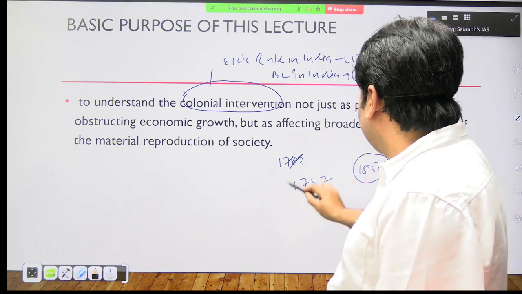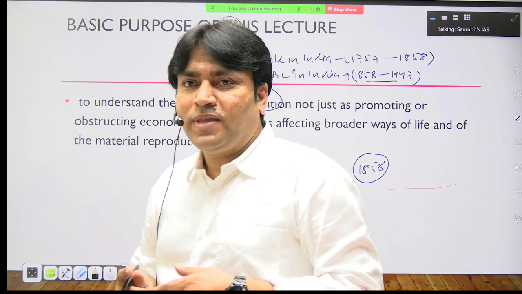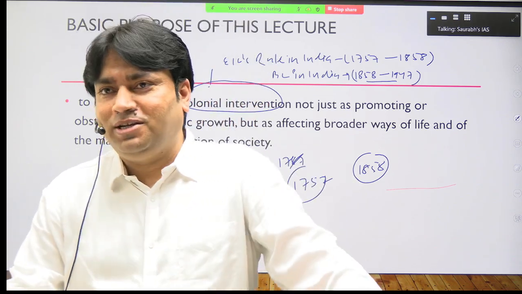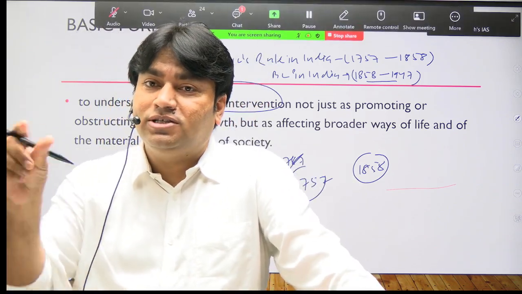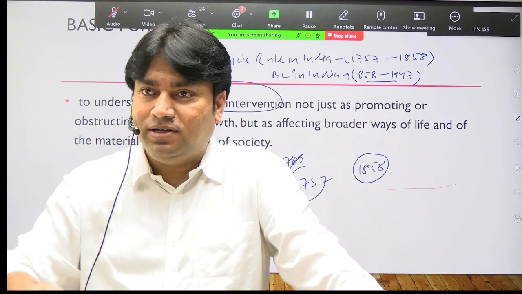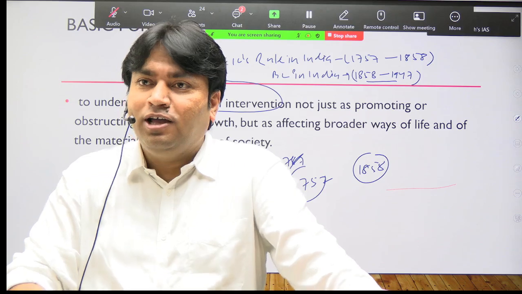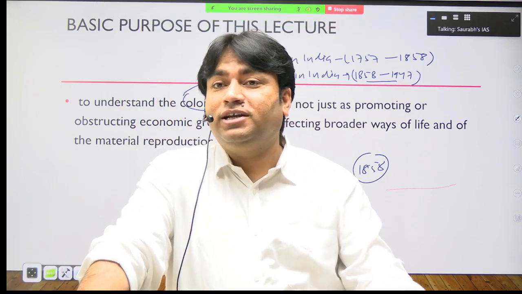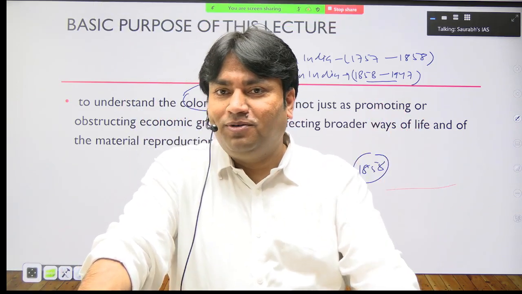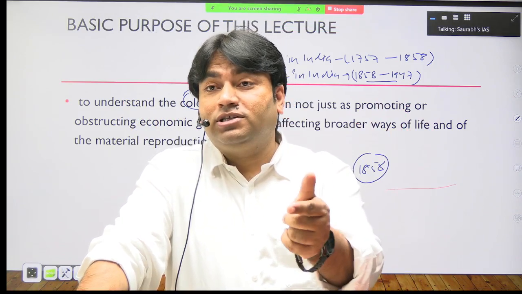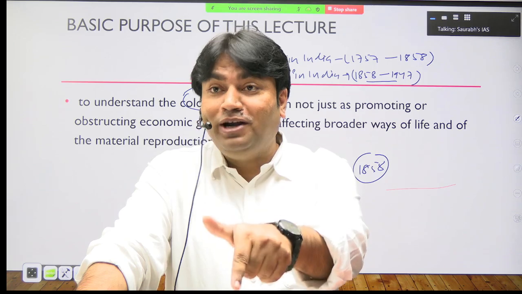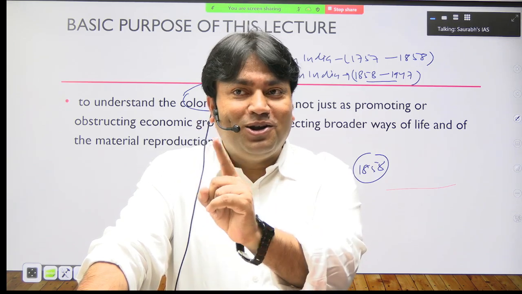Actually, these questions are the subject of historical debates. Many historians consider that 1757 is the beginning of British rule in India, because here British rule was in its indirect form. Many historians consider that the British Crown rule should be considered as the colonial rule.